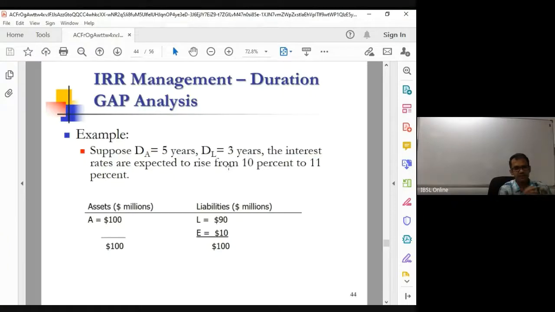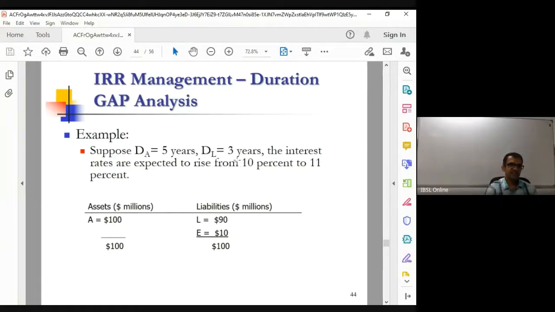You know how to calculate the duration of a portfolio. That is the weighted average of the duration of individual assets. We can do the same thing to calculate the duration of the liabilities. So the duration of assets is 5 years, duration of liabilities is 3 years.